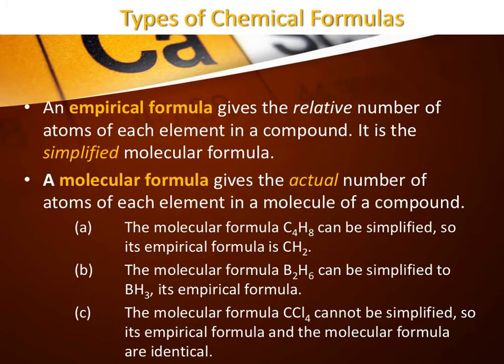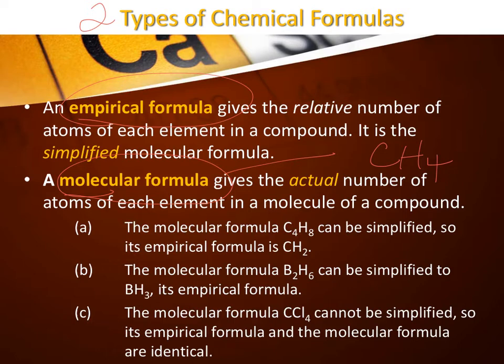There are two types of chemical formulas, like shorthand for showing you what a chemical is. There is an empirical formula and a molecular formula. The molecular formula is what you're used to seeing. Let's say if we were doing methane gas, it tells you exactly how many of what type of atom are in a compound.